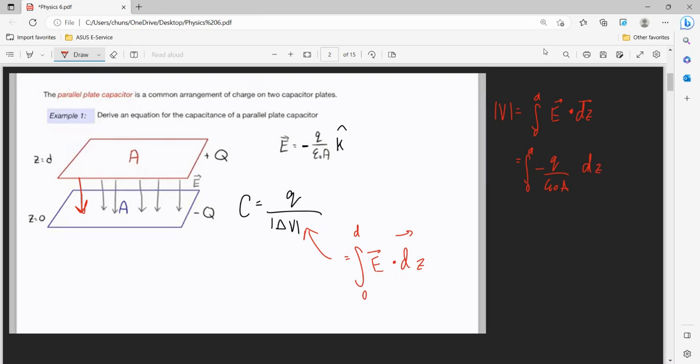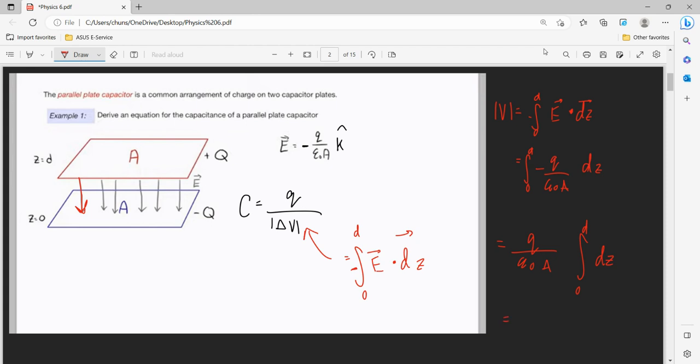And since this is constant, we can kick this out. So this is negative q, sorry, it's positive q. Right, there's supposed to be a negative in front of this integral. I apologize. And our integral of dz just turns to our distance, right?